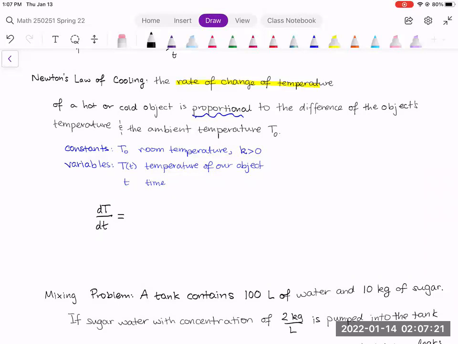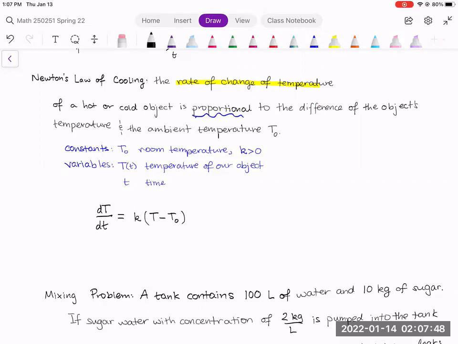So we're looking at the difference between the temperature of the object and the ambient temperature. And we're supposed to be proportional to this. So we're going to have some proportionality constant K. And I want you to think for a moment. Are we going to leave it like this, or will we want a negative sign?